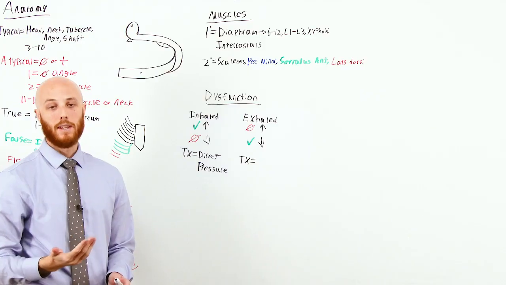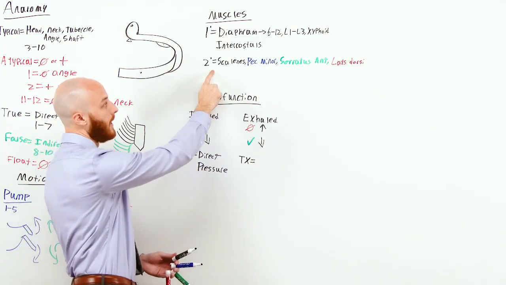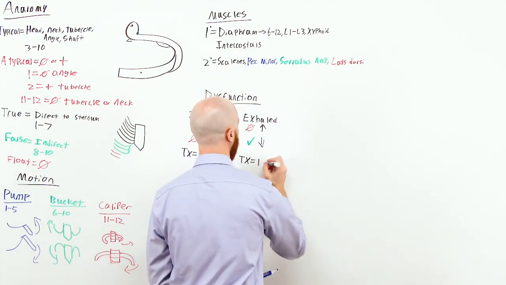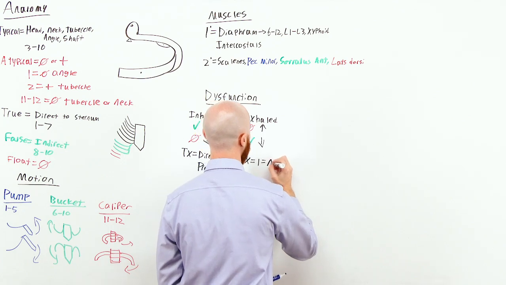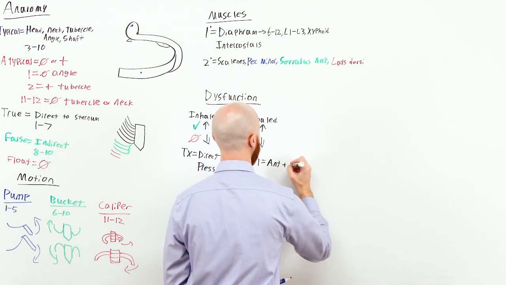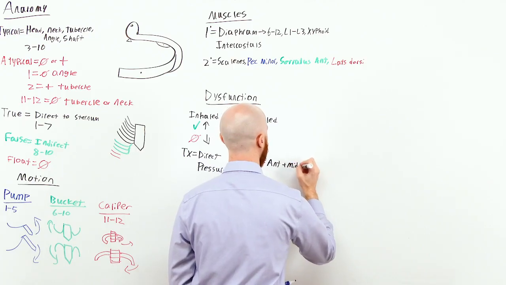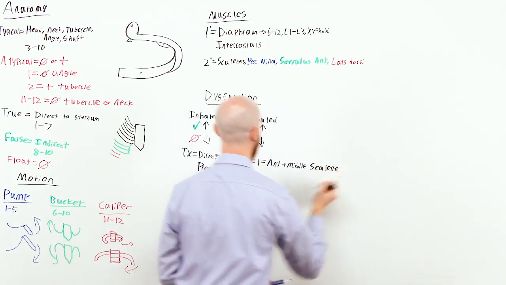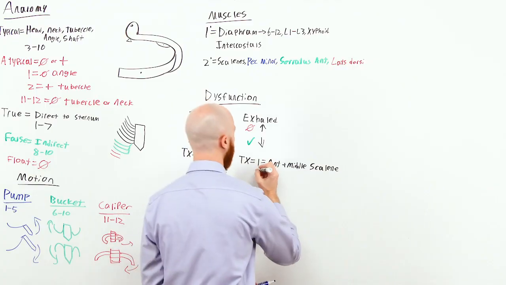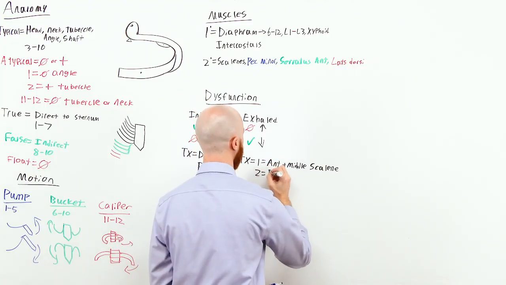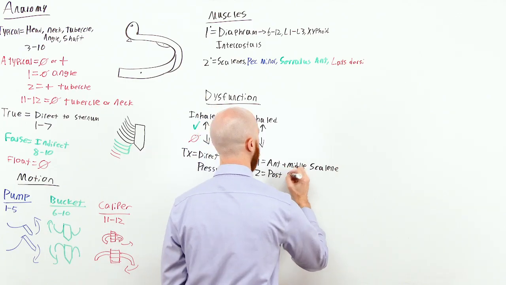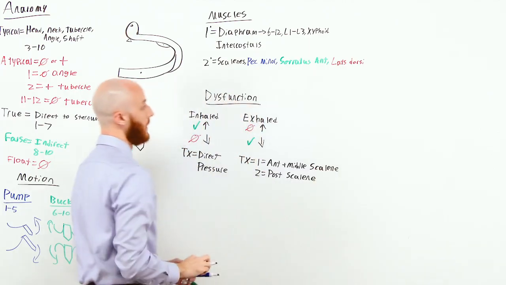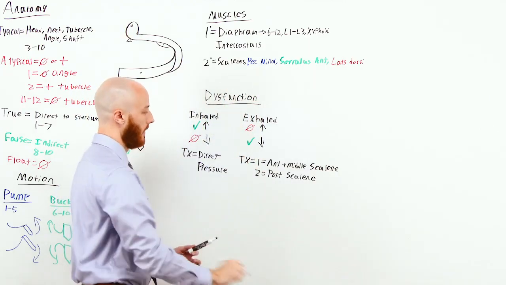And what muscles are you going to use? You're going to use the secondary muscles. So for rib number 1, you're going to use the anterior and middle scalene. For rib 2, you're going to use the posterior scalene. And then this is where the color coding helps us out.